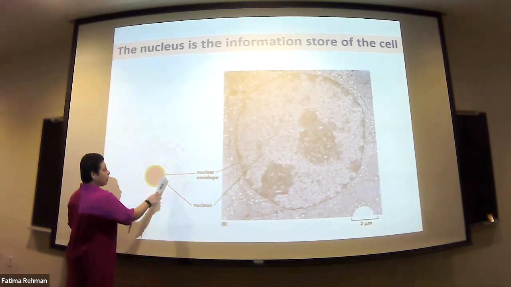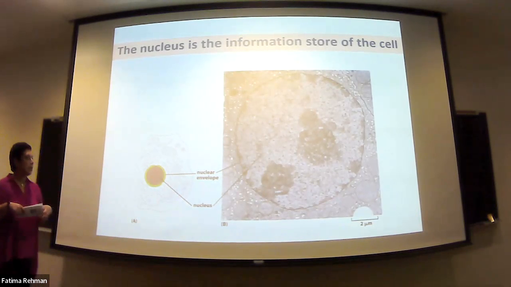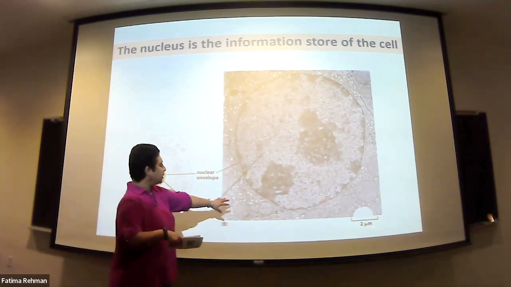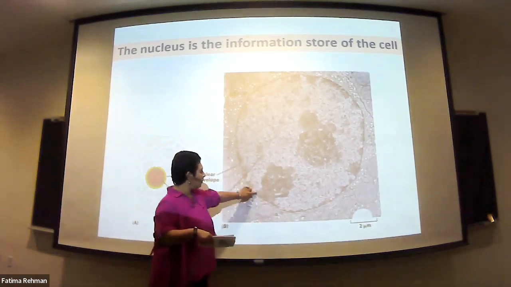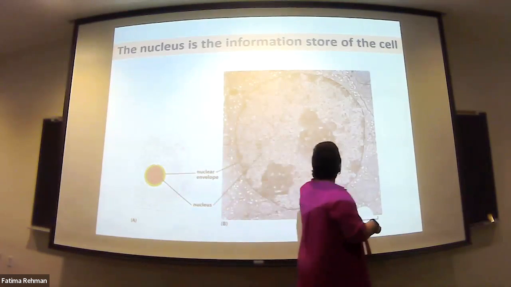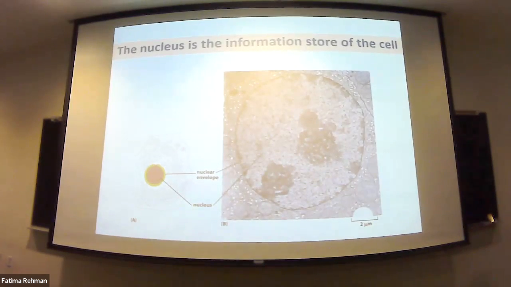But this nuclear envelope houses, protects that nucleus and the DNA that's contained within itself. And here you can see that this is your nuclear envelope, and this is your nuclear space. And in there you will have nucleoli, and then you will have the DNA content as well.